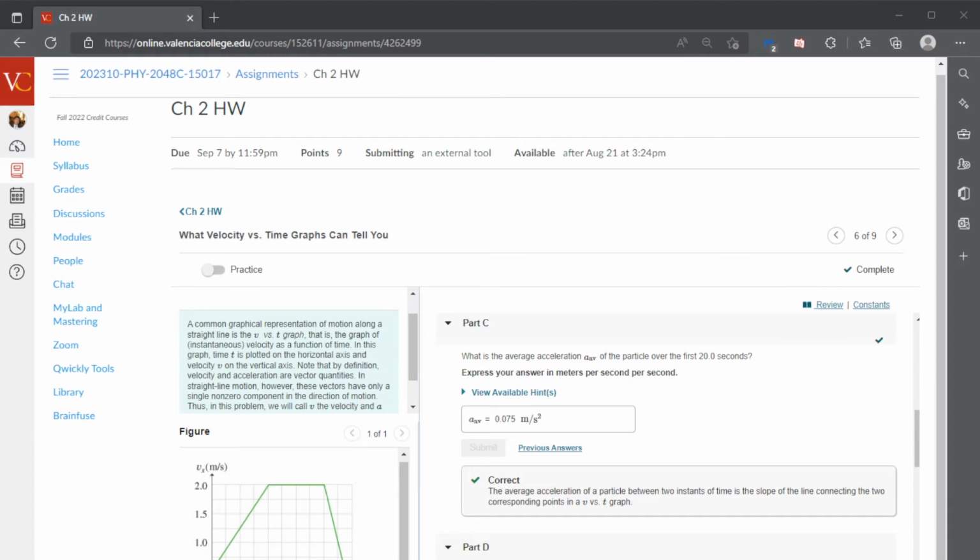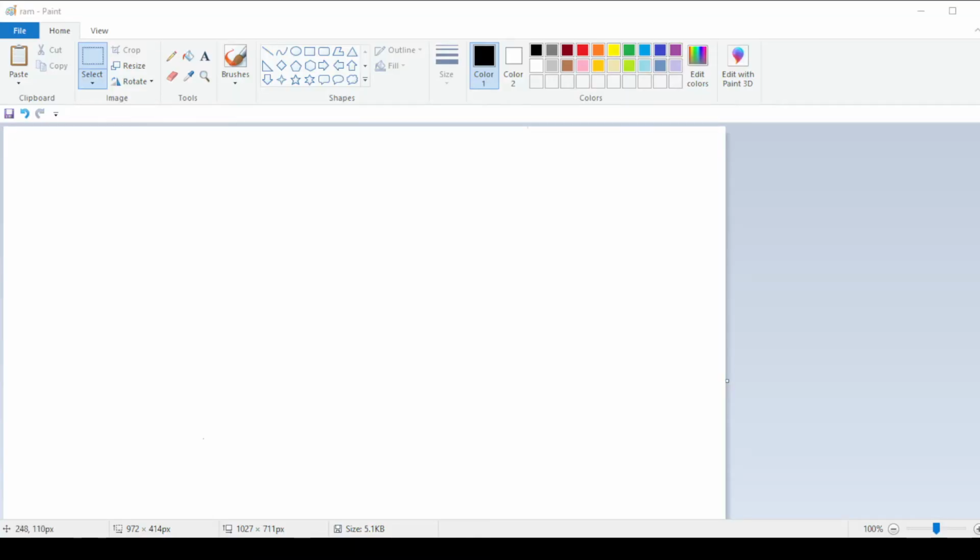So we already know that the total will be 20, and we've already found x and y. Let's draw it out for a second. All right, so 2 is right here.